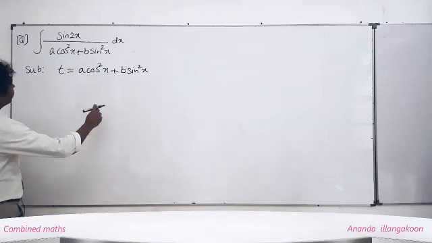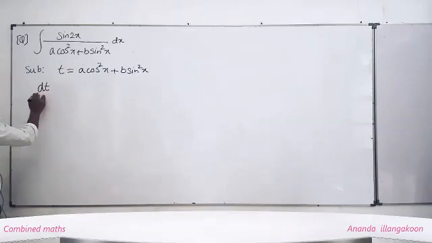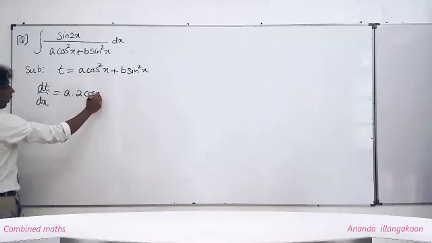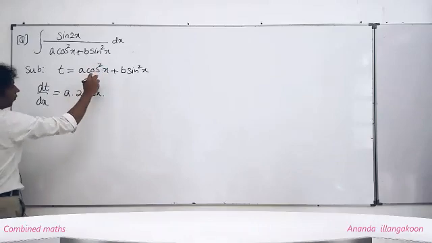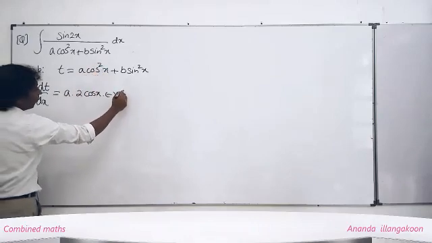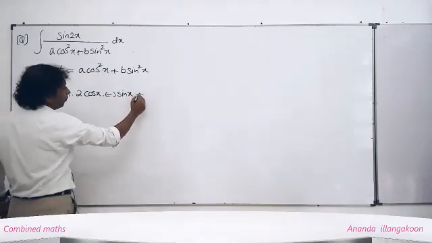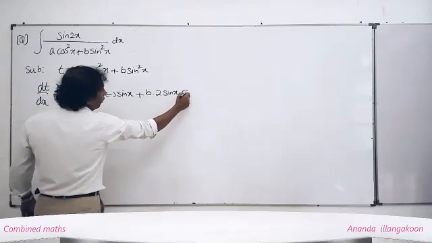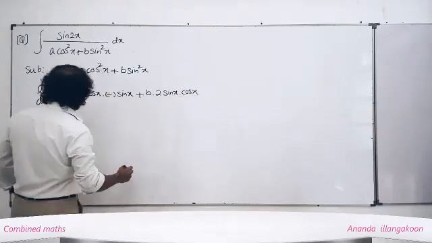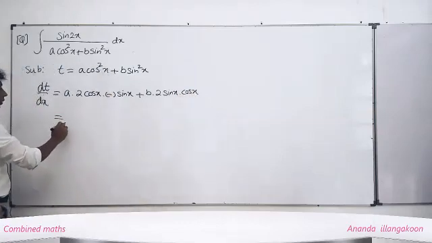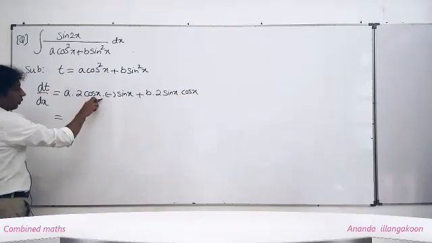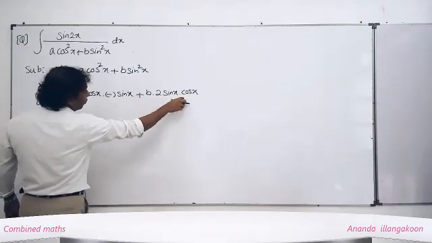Then here, differentiate this with respect to x. a is a constant, 2 cos x, derivative is minus sin x. Here, b times 2 sin x, derivative is cos x. Then we get 2 sin x cos x, which is sin 2x.